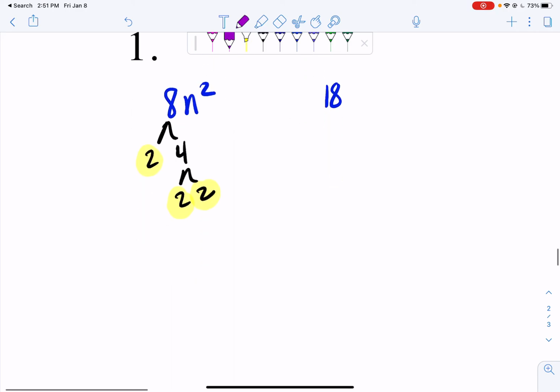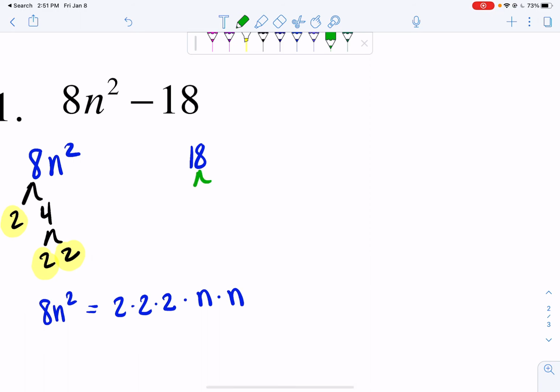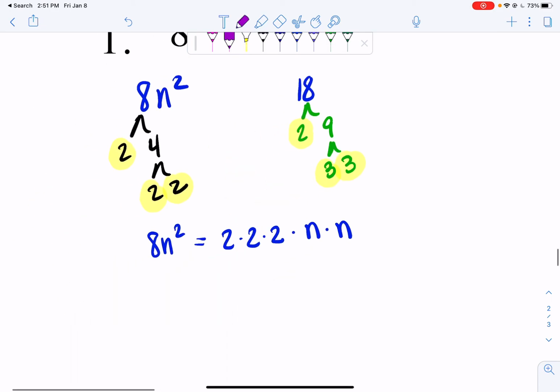So I can say 8n squared is equal to 2 times 2 times 2, and then 2 n's. 1, 2. Now we got to break apart our 18. What makes 18? 2 and 9. What makes 9? 3 and 3. Boom, boom, boom. So I can say 18 is equal to 2 times 3 times 3.